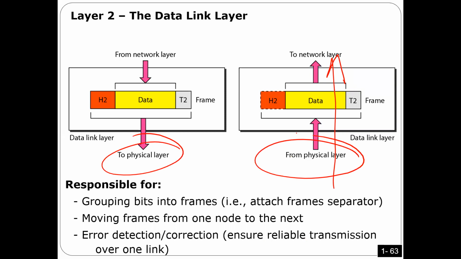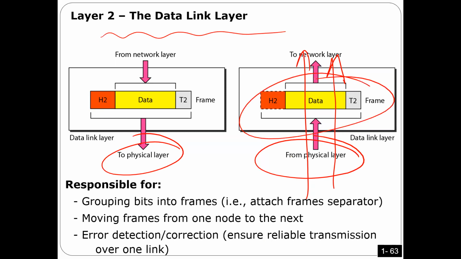You are going to receive a stream of bits, 1 0 1 0 1 0. They have no logic. You are not going to be given a packet. So the first thing this layer has to do is create frames. I have to cut the stream of bits into frames, so I have to identify what is the beginning of the frame and what is the end of the frame.